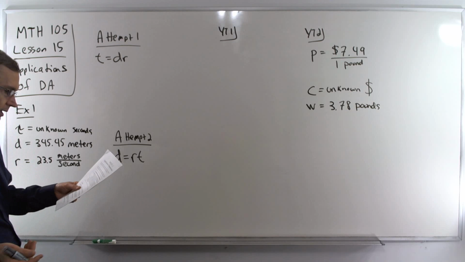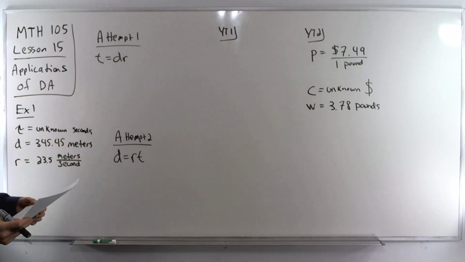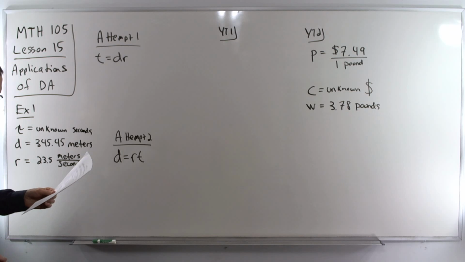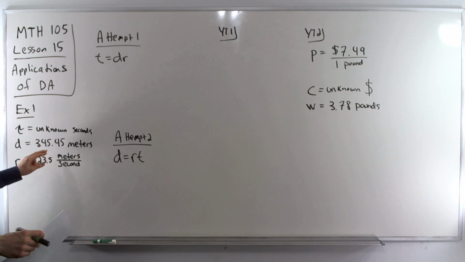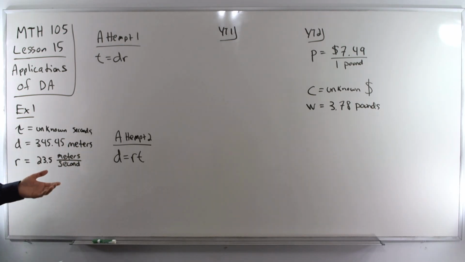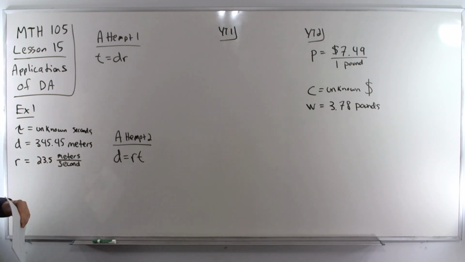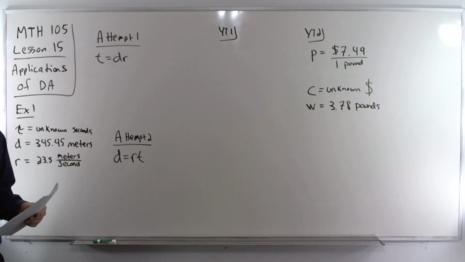We've got time in seconds, and that's what the question is asking for, so that's unknown. We're also given a distance in meters, 345.45 meters, and we're also given a rate, which is speed, 23.5 meters per second. And with these three quantities, we're going to set up an equation and see if it works.